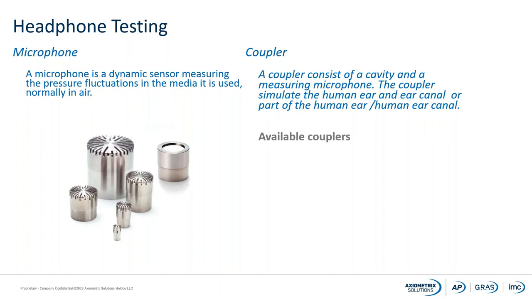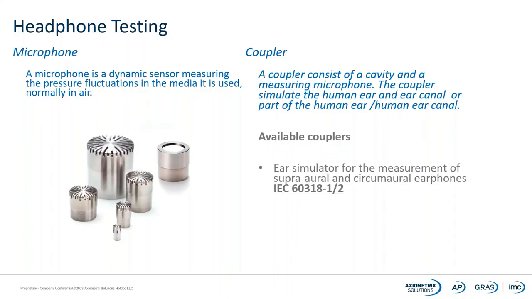If we look at available couplers for doing headphone testing, then we have to have a closer look at a standard, the IEC 60318 standard. This standard describes different types of ear simulators and ear couplers.